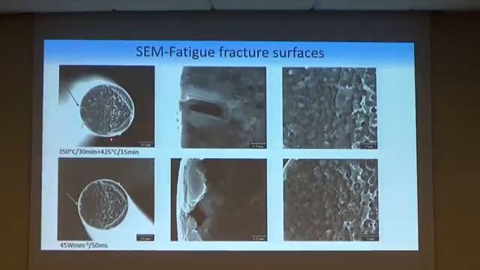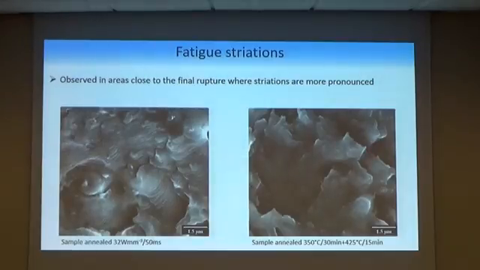The final rupture is mostly created by ductile dimples, and the fatigue surface area creates approximately 50 or 60% of the cross-section at the given testing conditions. Fatigue striations were also observed, but only in regions close to the final fracture, where striations should be more pronounced and with higher striation spacing.